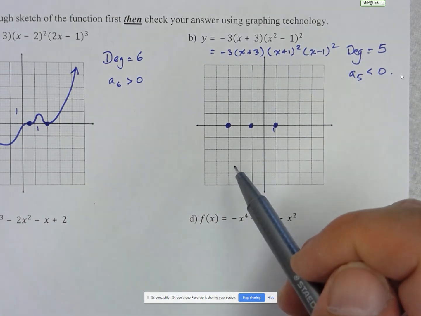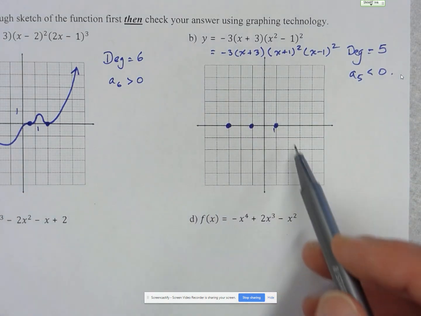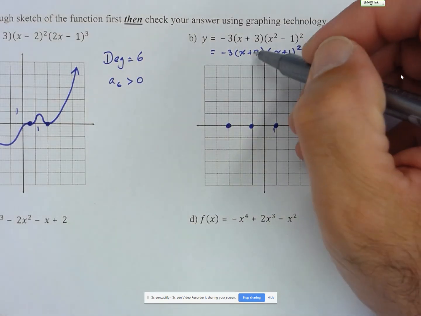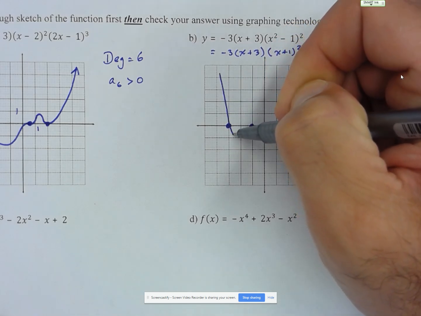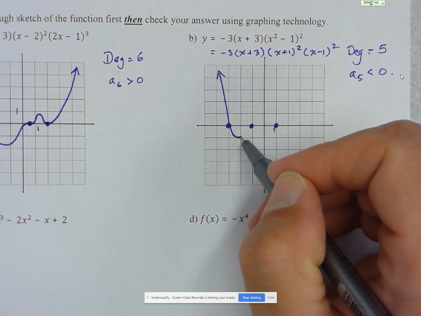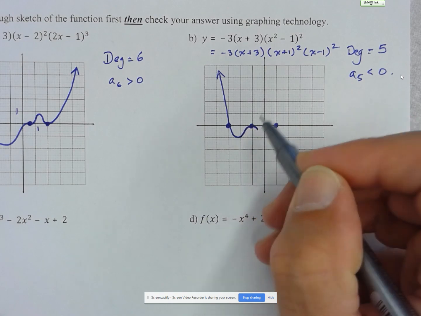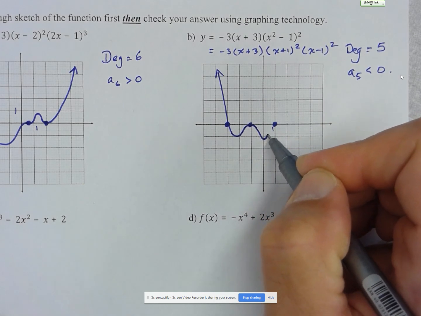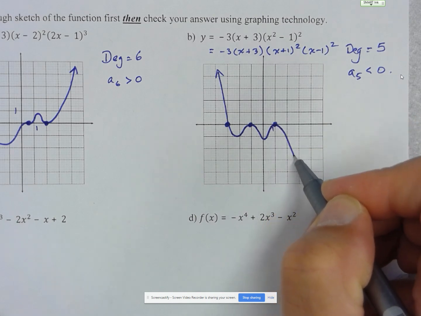All right, so remember what we said about our end behavior. It's going to go from positive infinity on the left and end up at negative infinity on the right. So I know that I'm coming down, and since it's a zero of order 1, it's going to go straight through. Then it's going to come back up and get to that zero at -1, but it's going to be a zero of order 2. Then I'm going to have to go down and come back up, and I'm going to have a zero of order 2 again, so then it's going to bounce back down.